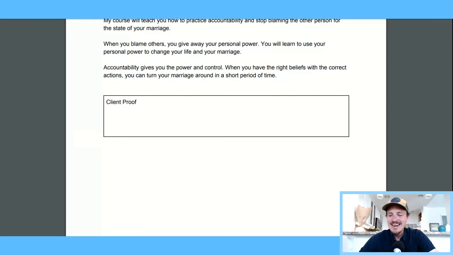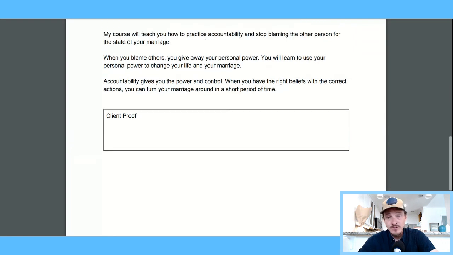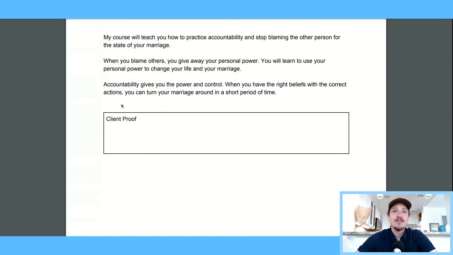So a very nice transition into that sales argument would be some scarcity as it relates to the marriage. Like you can't afford to let this linger any longer, that type of language. Like you can't afford to not sit down and read every word of the sales page right now. Your marriage is depending on it.